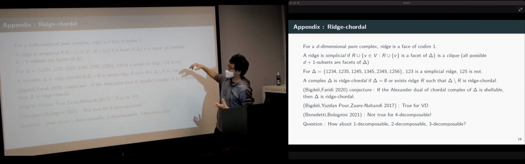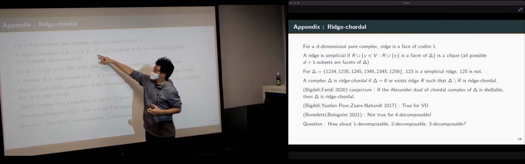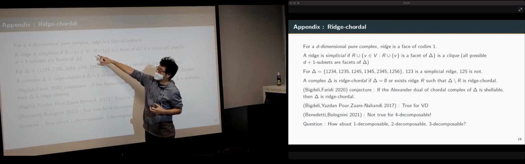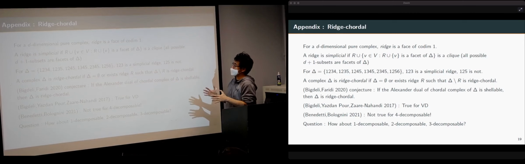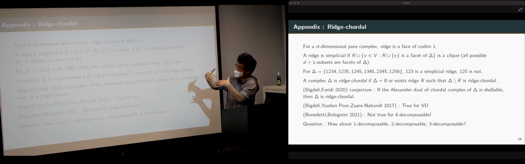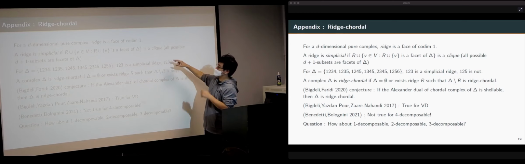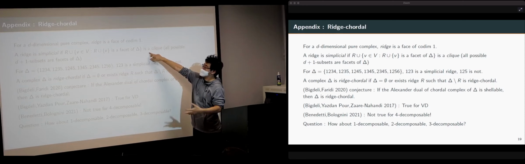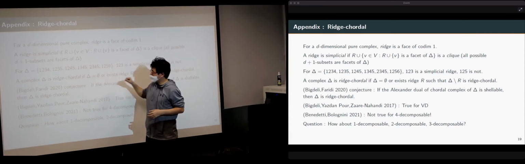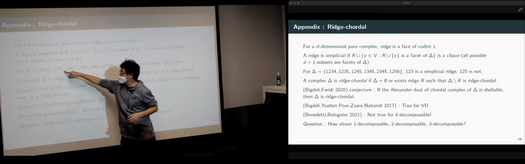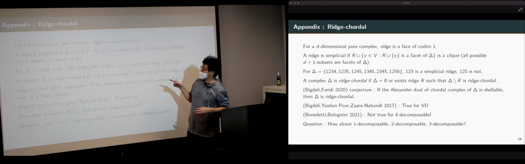What this means is that you take a look at all the facets containing the ridge, look at the supporting set of vertices, and see if that forms a clique. That is, all the possible sets contained within that vertex set are facets in your complex. If that is satisfied, that is, if it's really dense, then that is called a clique. So here's an example. This is a simplicial complex that is pure of dimension 3.